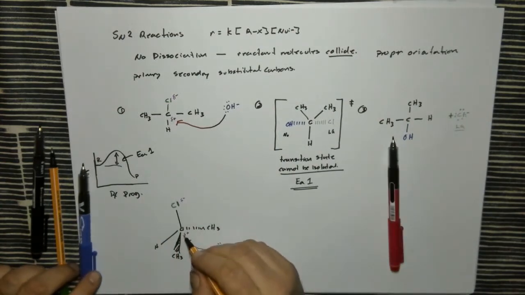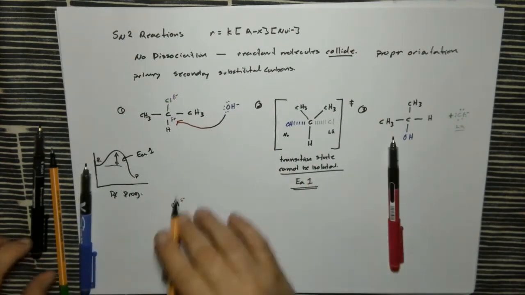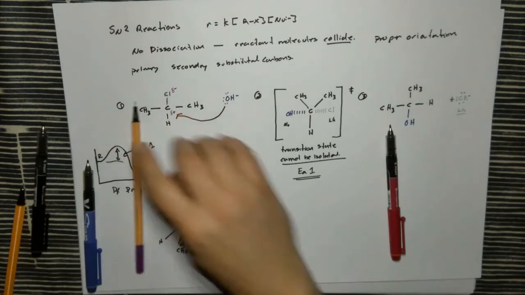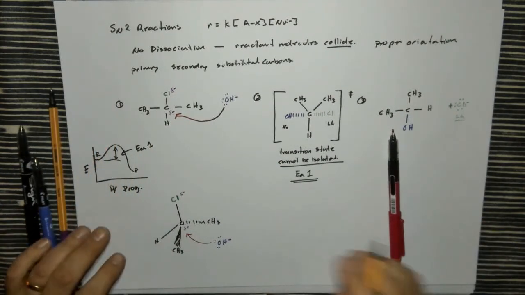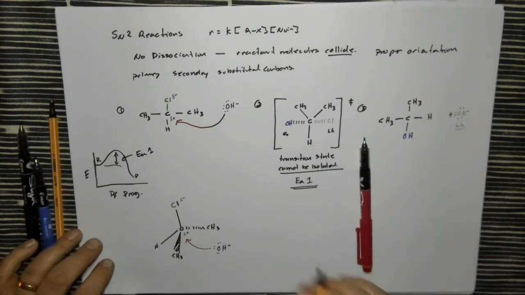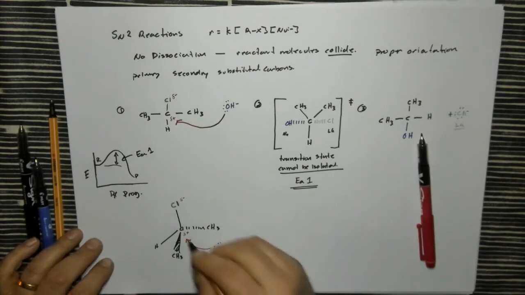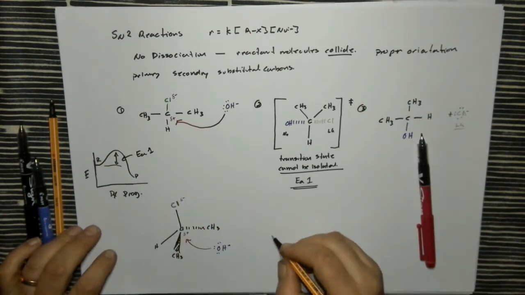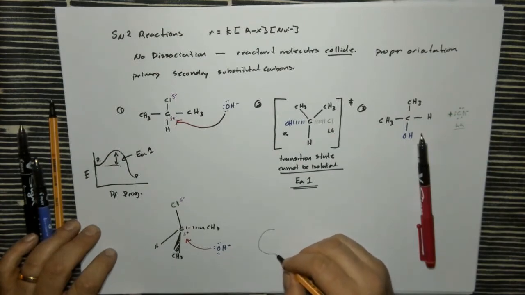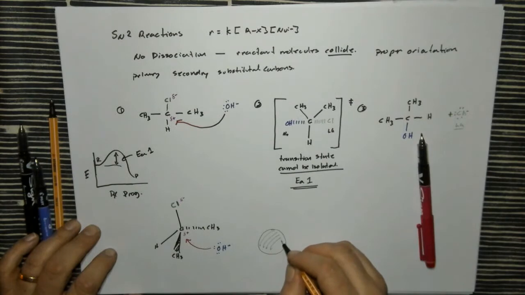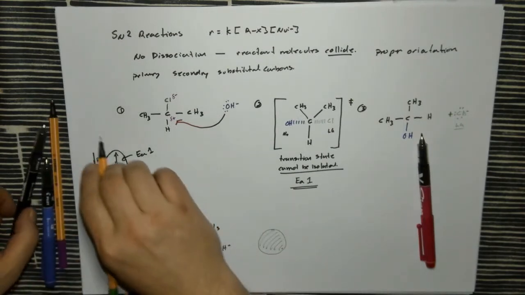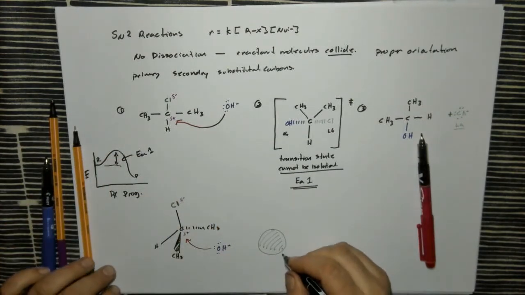It's attracted to this one. But even with this picture, it's hard. You get a wrong impression, because when you look at the actual sizes of the atoms involved, you realize that even this picture is a simplification of the actual geometry, because the chlorine atom is actually quite large compared to the carbon.